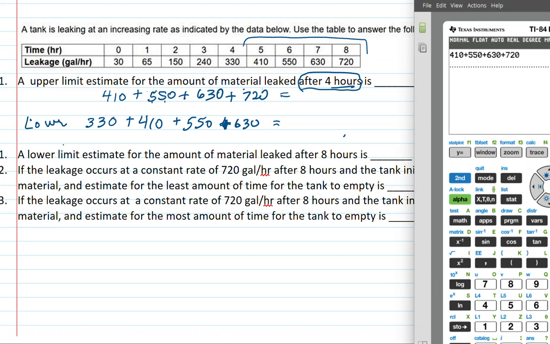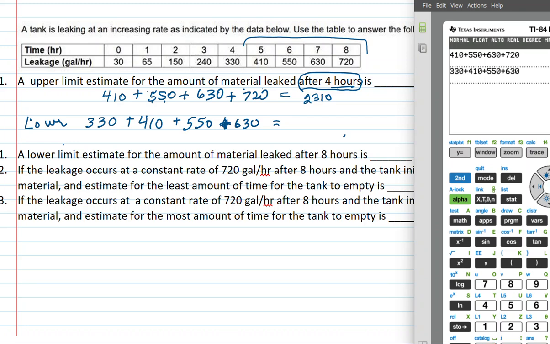So I got 2310, and the second one is the lower. You can multiply by it, the same thing.